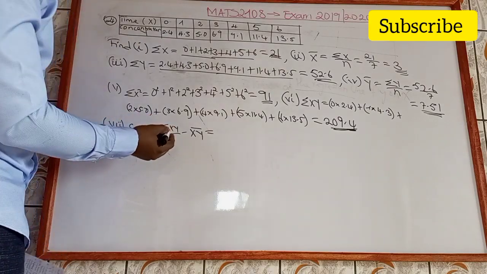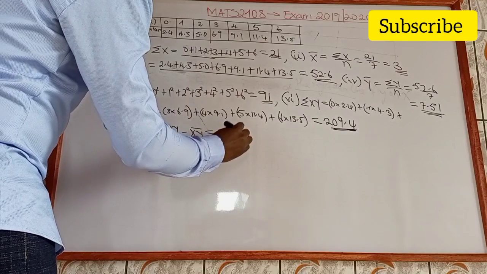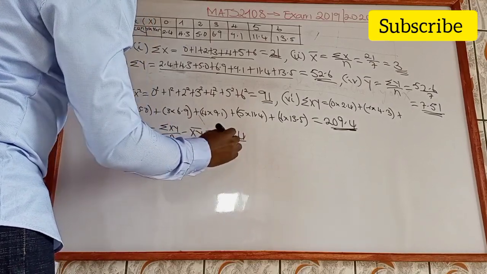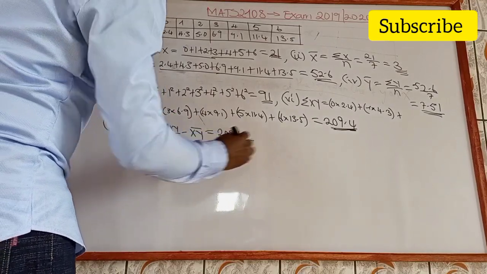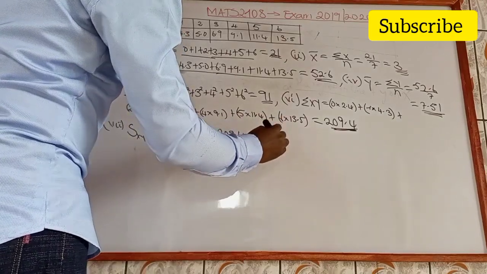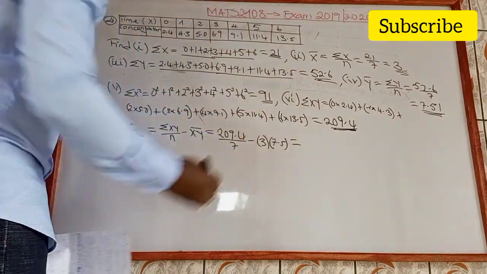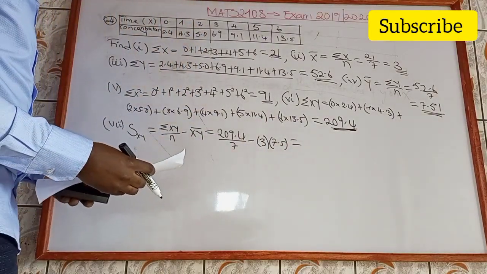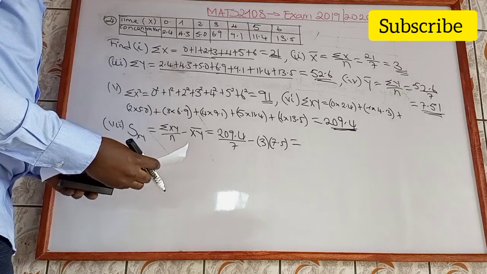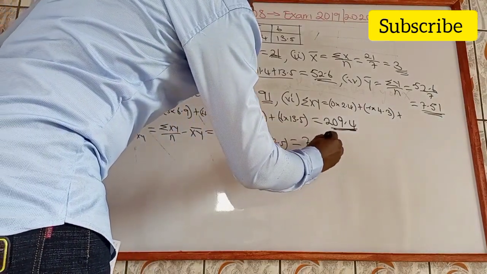The sum of xy, we just saw that it is 209.4 divided by, our n is 7, and then minus x bar, which is 3, times y bar, which is 7.5. We simplify this, it gives us 7.38.